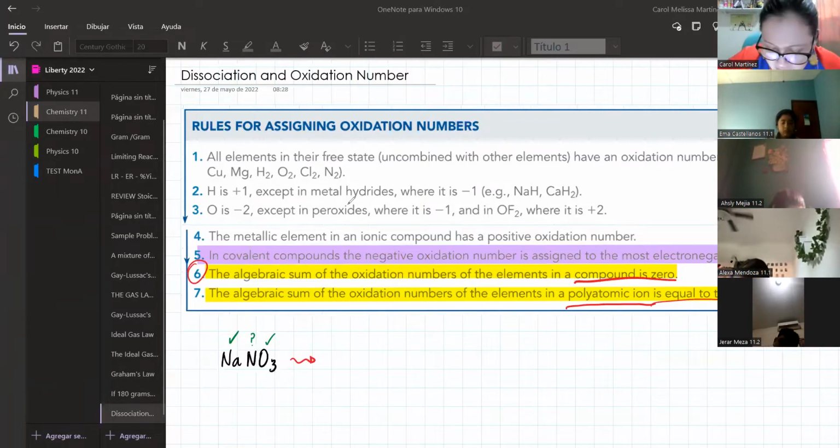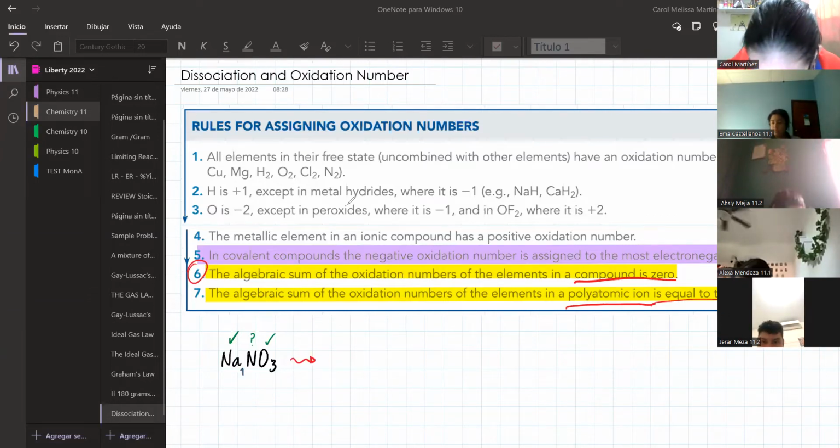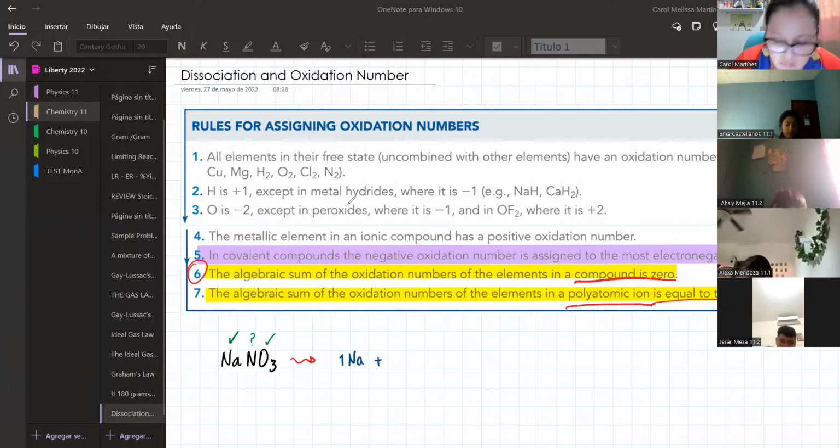Remember that we have invisible ones in sodium and nitrogen. You don't see them, but they're there. So we have one sodium and one invisible one nitrogen.